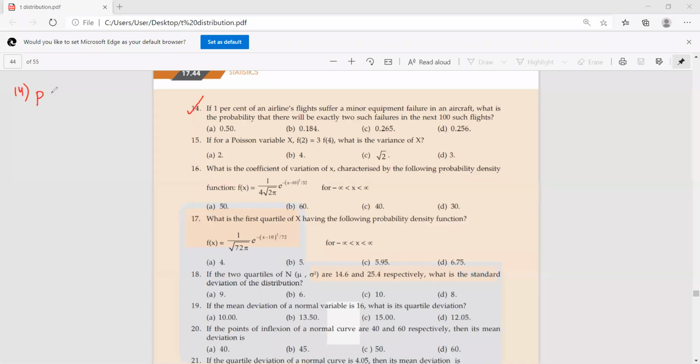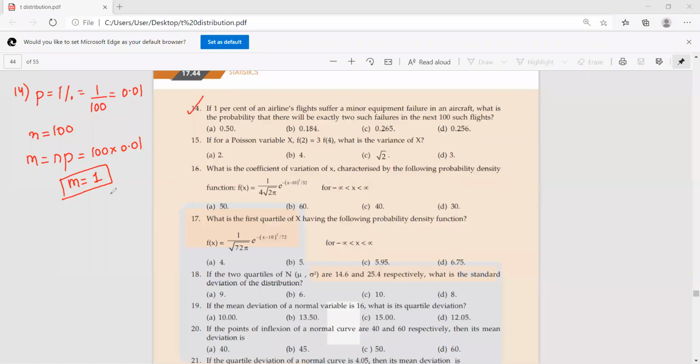So P given to us is 1%, that is 1 by 100, that is 0.01. Okay, and then n is given to us as 100. So your mean will be n into p, that is 100 into 0.01. Can I say the value of m is going to be 1?